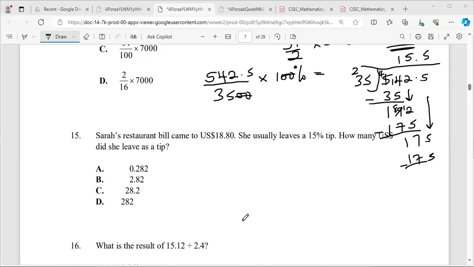So the first thing that we're going to do, it says that Sarah's restaurant bill came to $18.80 in US.